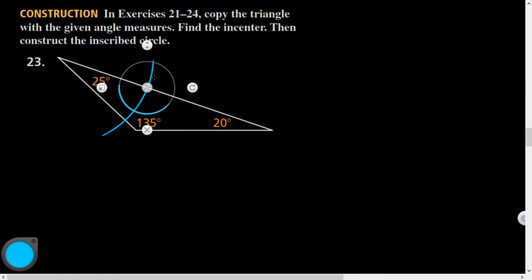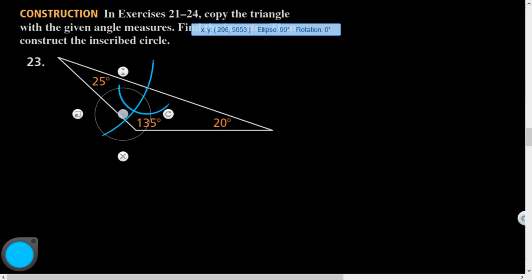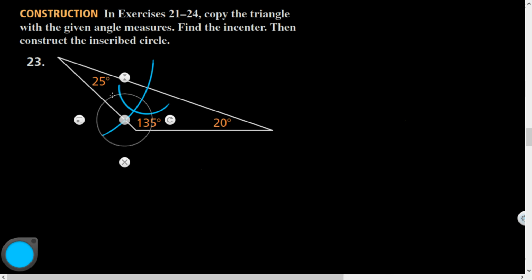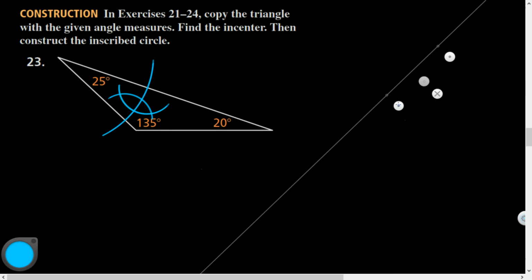And while keeping the radius the same, I'm going to move this over here. And the intersection between these 2 arcs and the vertex will form an angle bisector.